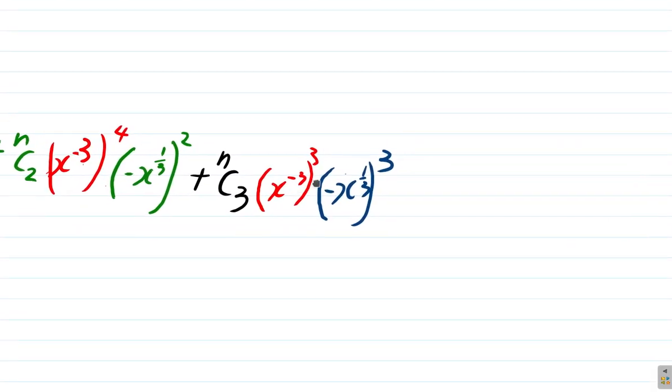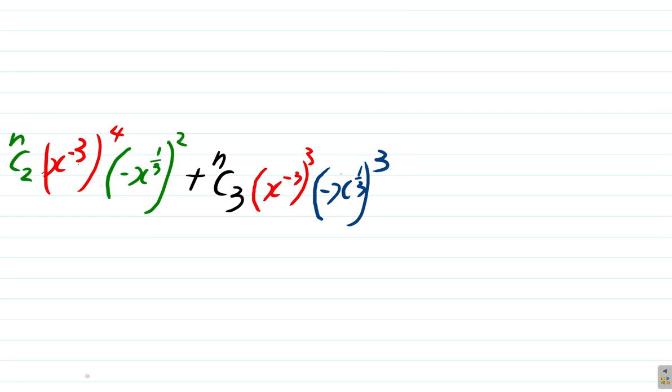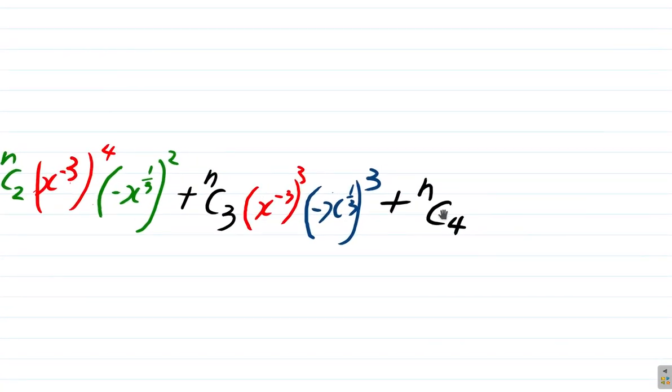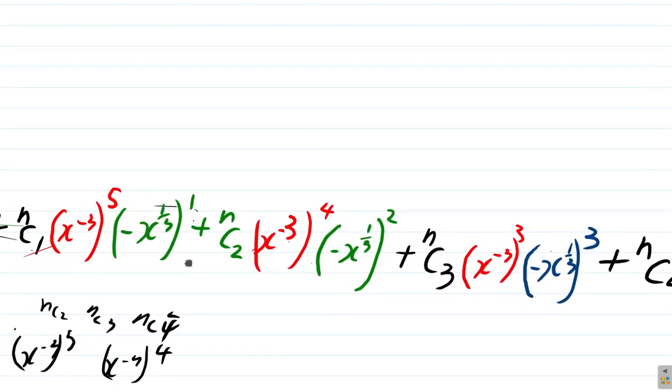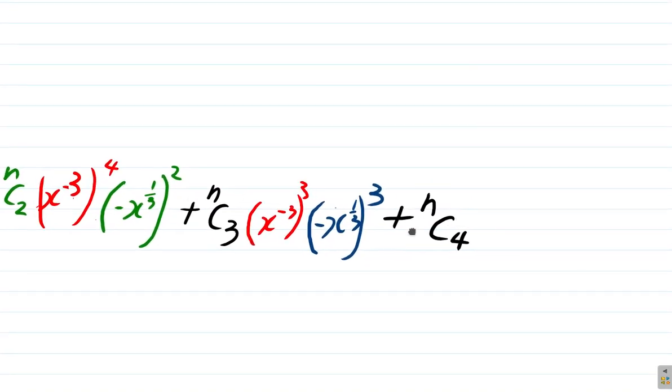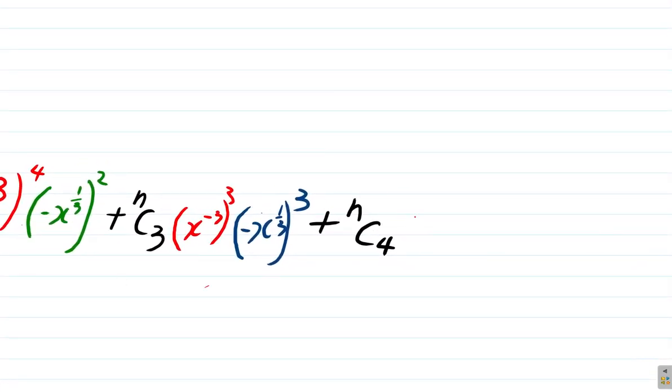After that, it's going to be plus NC4. Alright, so notice the pattern. You have NC1, then NC2, then NC3, then NC4. For the x part, you have the x to the power of negative 3. You have to the 5, then the 4, then the 3. Next one will be to the 2. So it's x to the negative 3 to the power of 2. Alright?